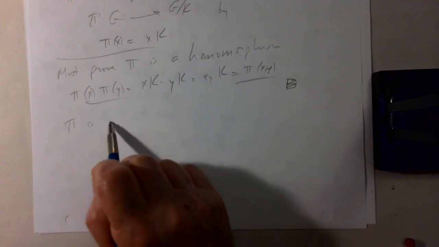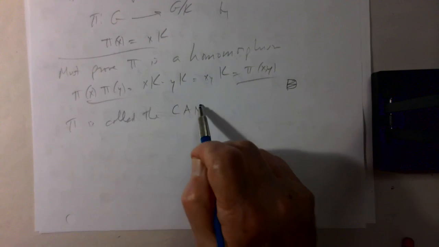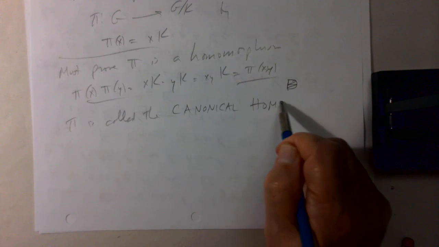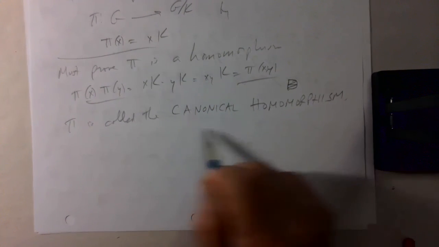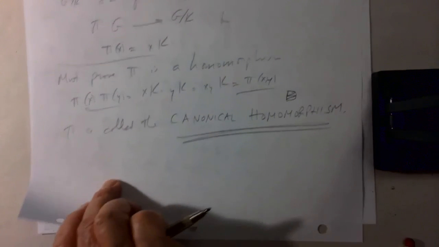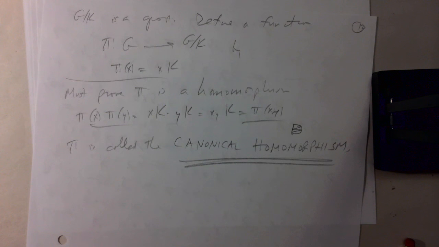So pi is called the canonical homomorphism. And we will study that in more detail in the next lecture.